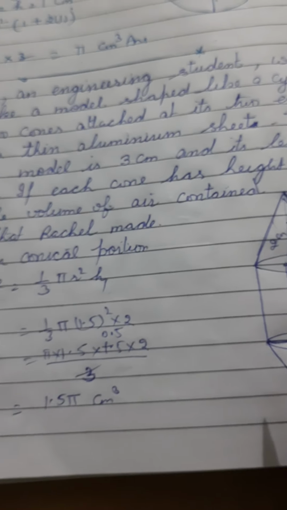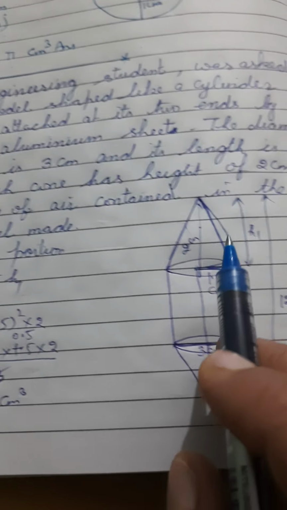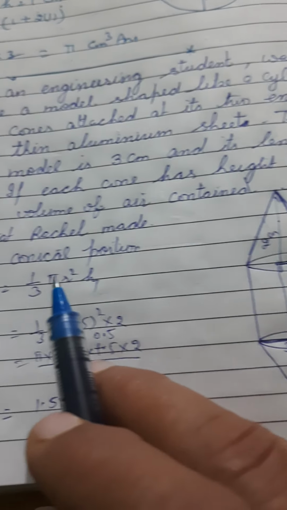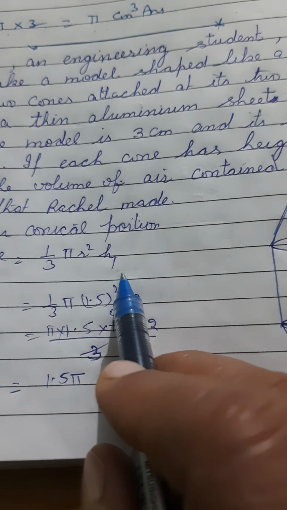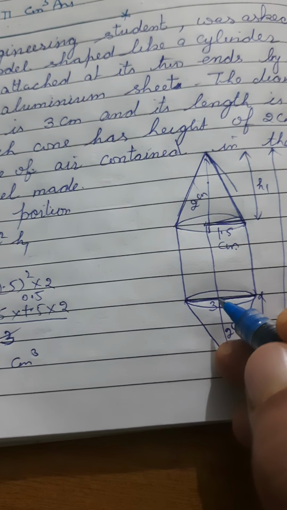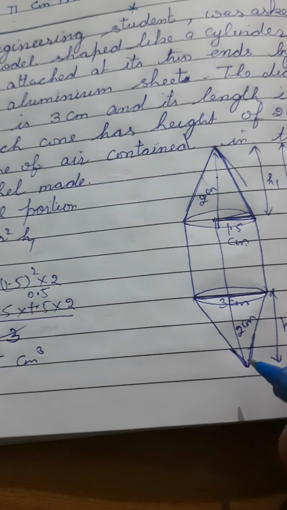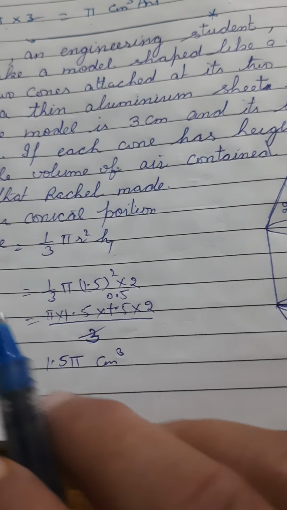See here how we have done this. For the upper conical portion, volume is 1 by 3 pi r square h1. We have taken h1 as the height of the cone. Because the heights of both cones are the same, h1 is the height of the lower cone also.